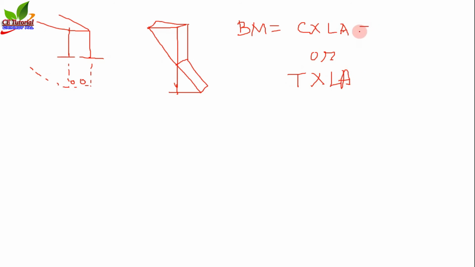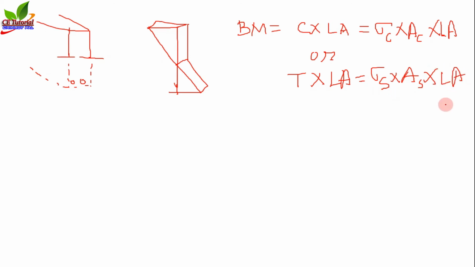And C is actually sigma C multiplied by area of concrete, into lever arm, that is the bending moment. Or we can say sigma S into AS, that is T, into lever arm.